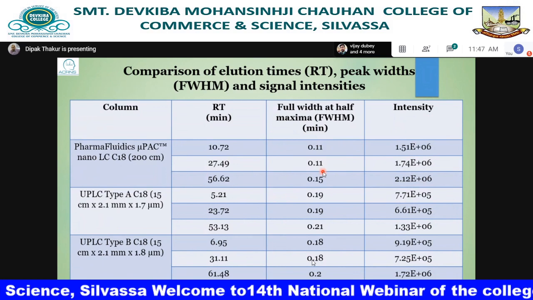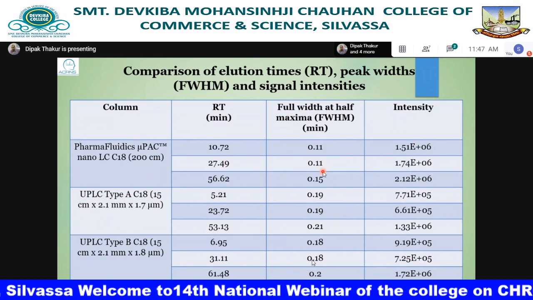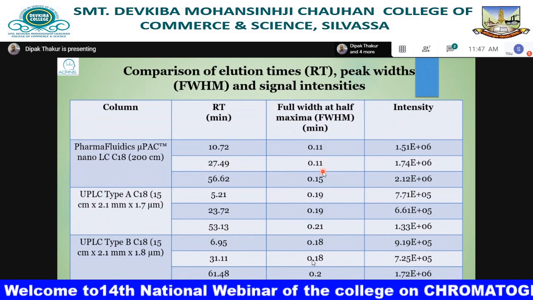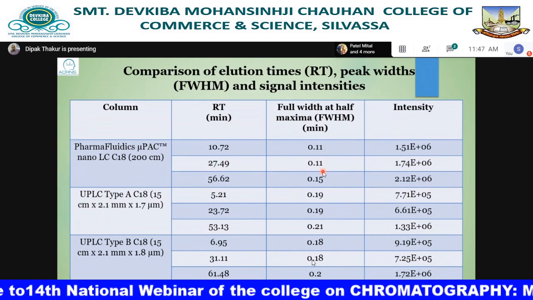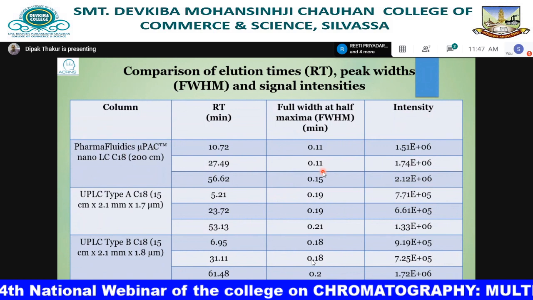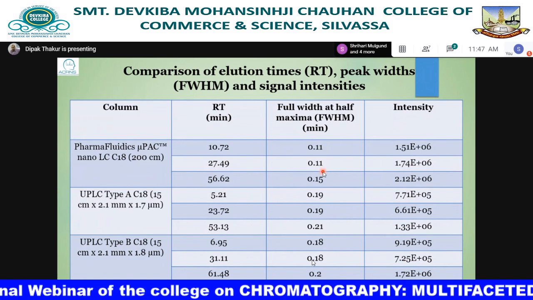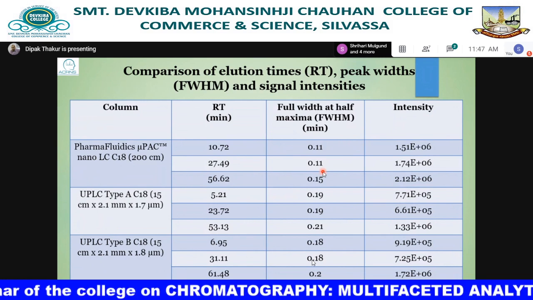And if my runtime is 300 minutes, for example, 300 into 10, think about it. 3000 peaks I can separate, and these 3000 peaks further will be separated in the mass spectrometer. So huge contribution towards increasing the coverage of metabolites you cover.